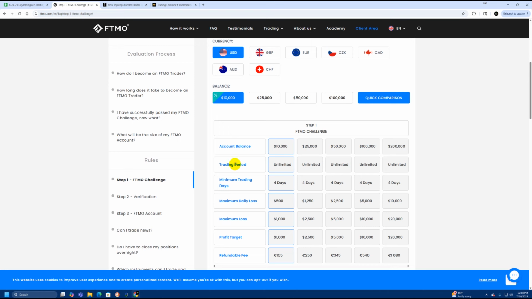Here's the trading period, unlimited. Minimum trading days that you need to trade in order to achieve the goal, meaning that in this case with FTMO, you have to trade for at least 4 days, and this is your maximum daily loss limit amount, and this is your maximum loss limit amount over the challenge. And then this is your profit target.